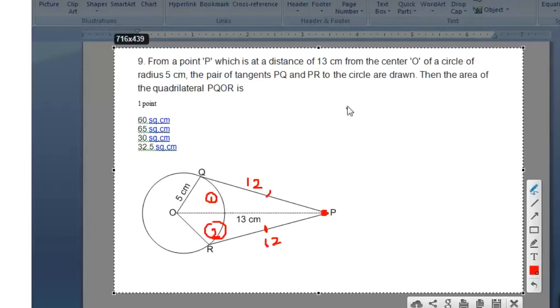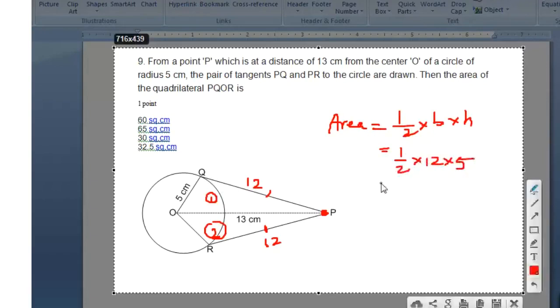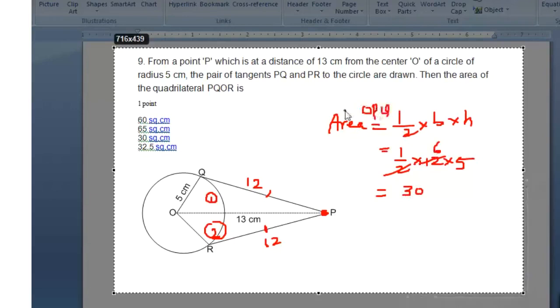In the first triangle, area we can find as half into base into height. In this picture, base is PQ, which is 12 centimeters, and height is 5 centimeters, as it is a right angle triangle. So the area of triangle OPQ is equal to 30 square centimeters.